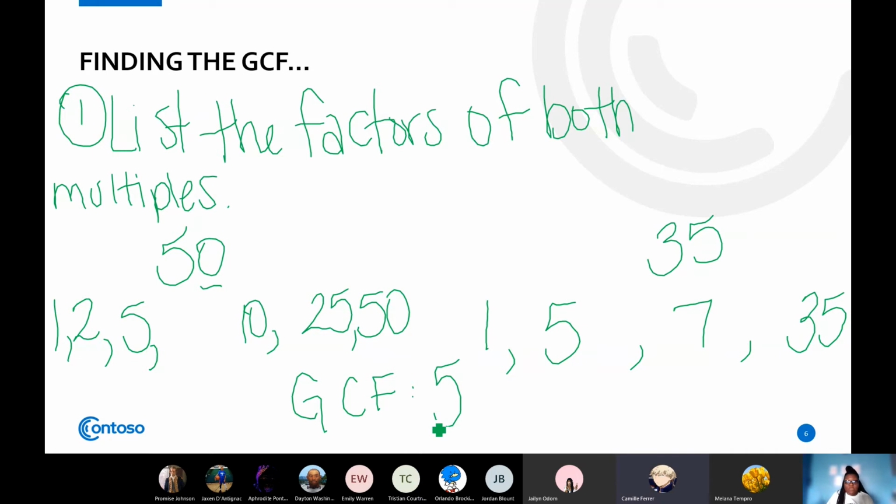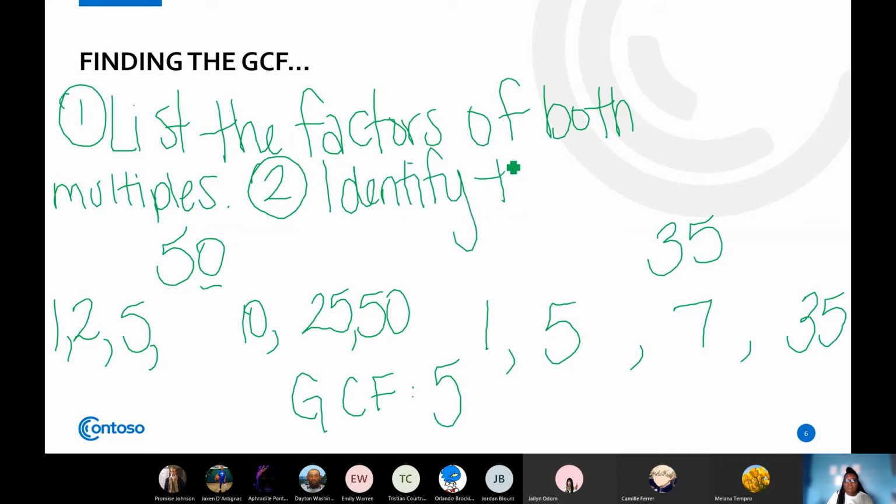And so if I had to do a step 2, it's really just one step in finding the greatest common factor. But if I had to list a step 2 in my notes, it would be identify the largest factor that both numbers share.